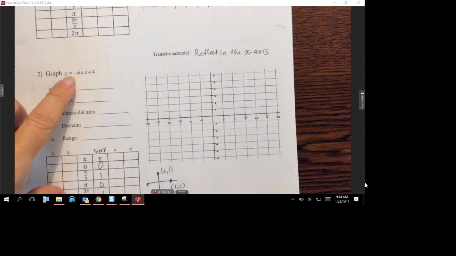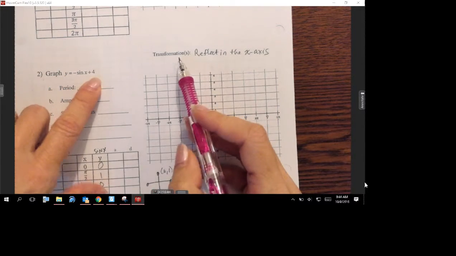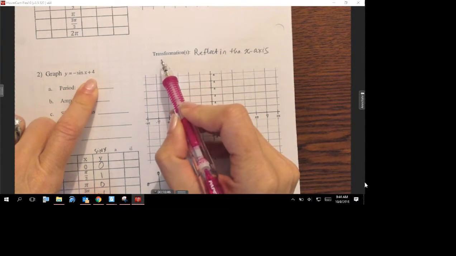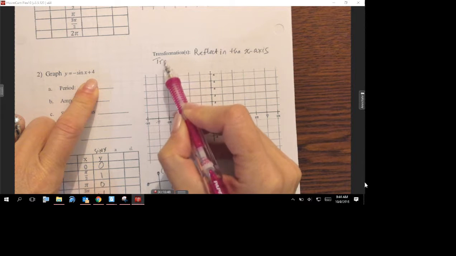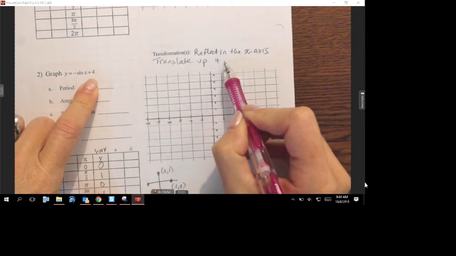Okay, that is a vertical reflection, because that is reflecting over the x-axis, which is up and down. So it is a vertical reflection, but we write reflect in the x-axis. And then how about +4? Translate up 4 units.